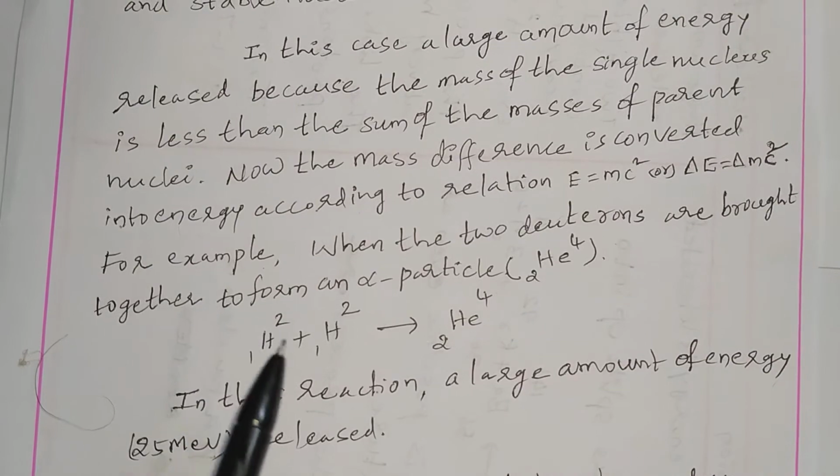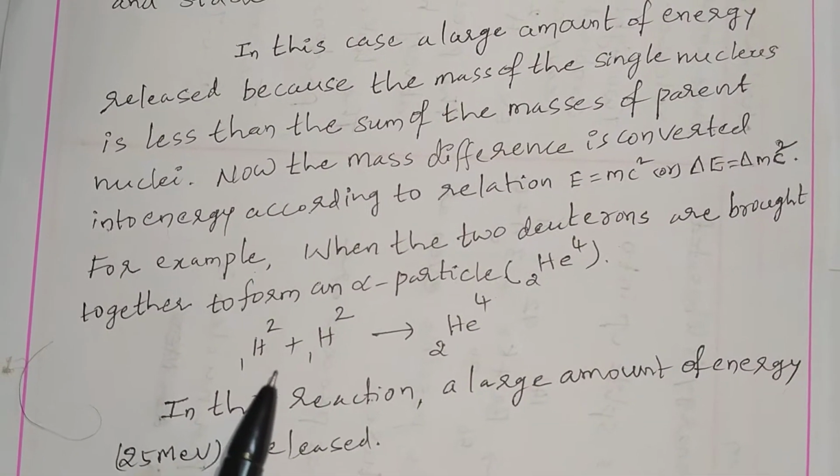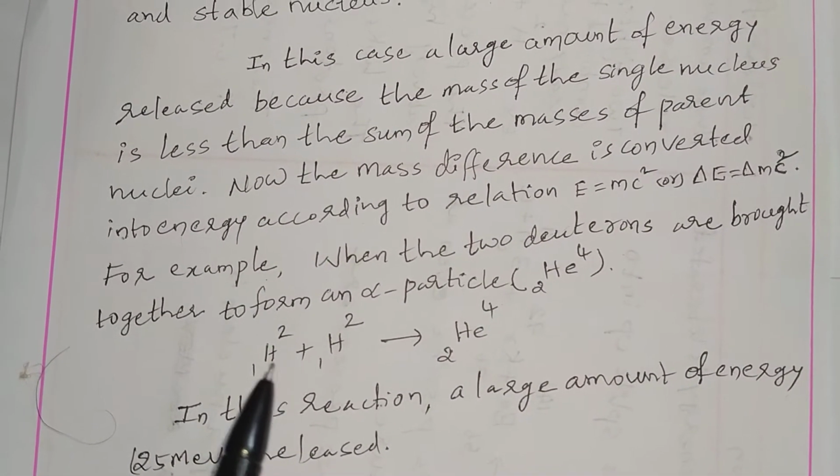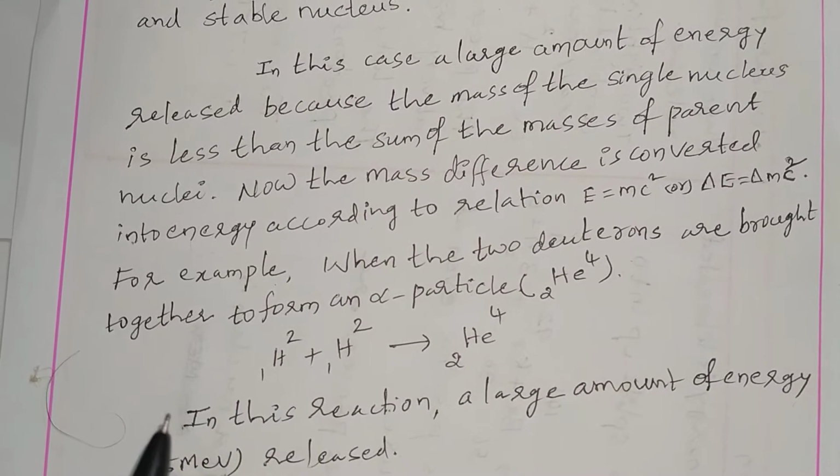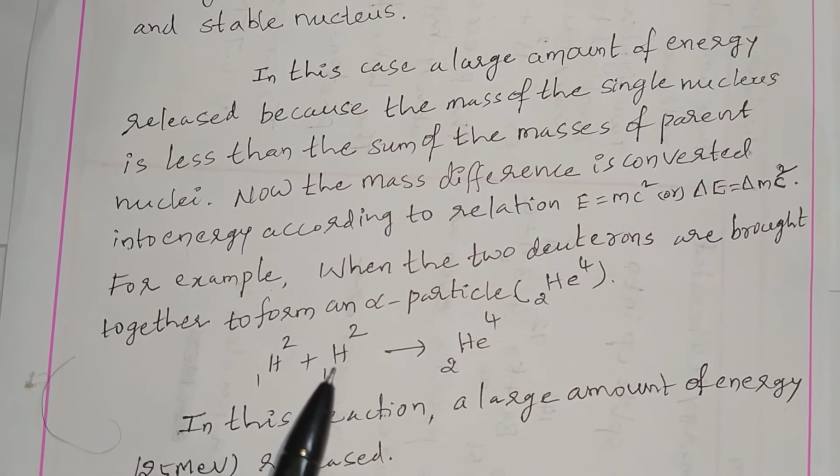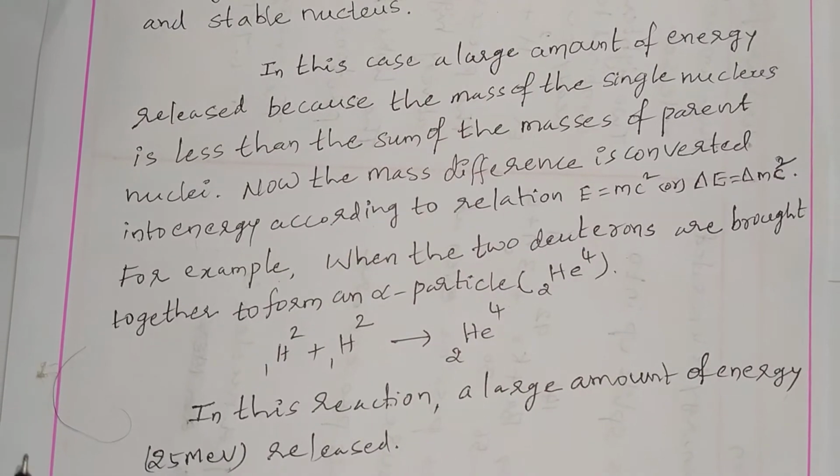Both the two deuterons have a positive charge, and there would be electrostatic repulsion between the two positive nuclei.